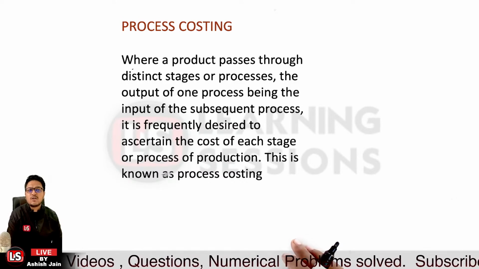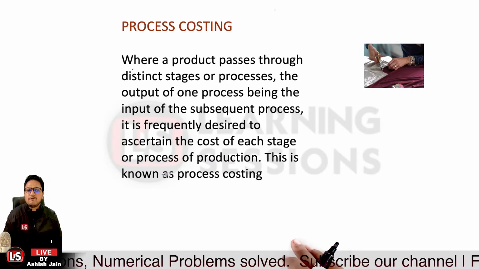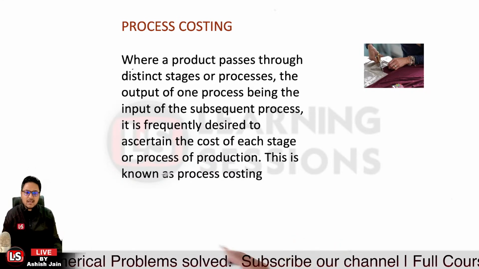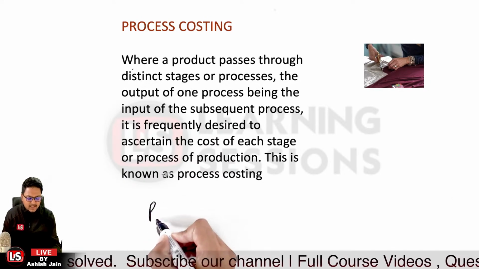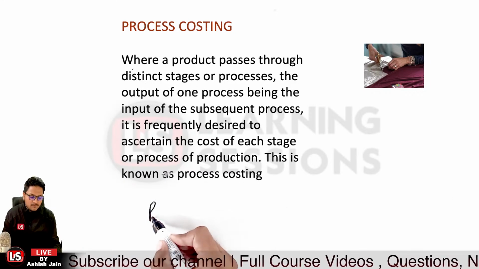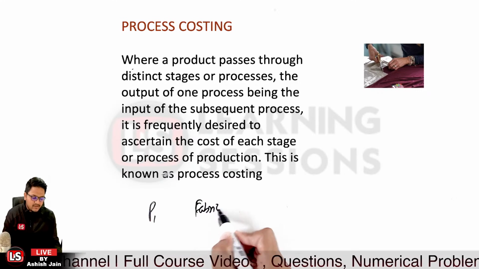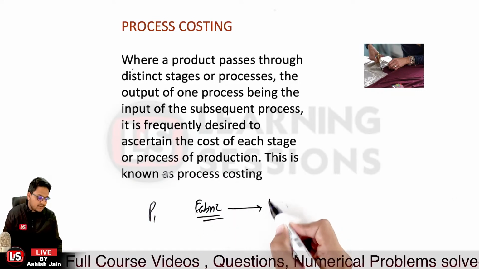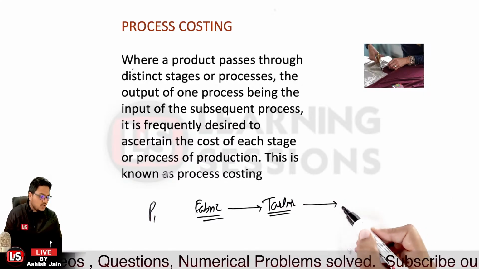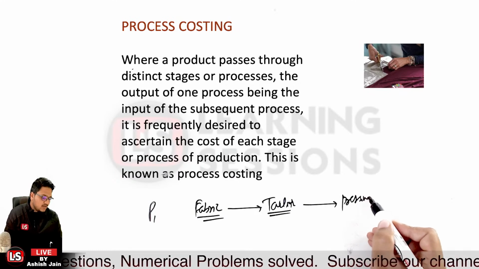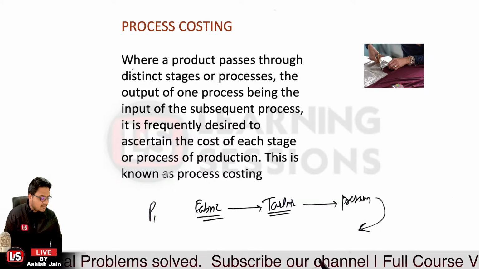Next, it's related to process costing. It may be the case that the product goes through different stages or different processes. If we are going to manufacture a product, we can take the example of hosiery. Let's suppose first of all they have the fabric. Then there is the stage where the tailor is sewing the fabric, and a stage where pressing is done, or different actions taken by some other person.